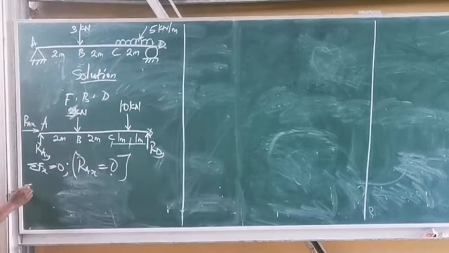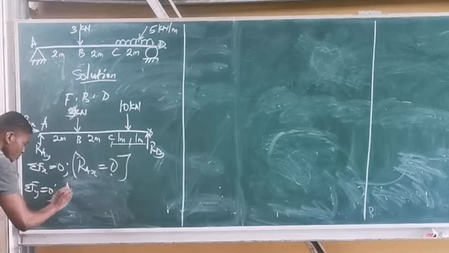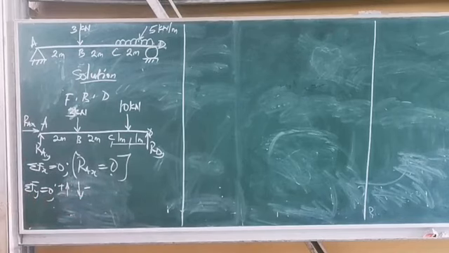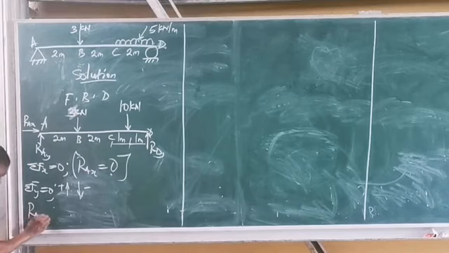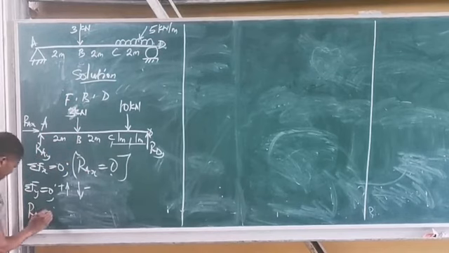Also, summation Fy is equal to 0. We sum all the vertical forces. So we consider upward force to be positive, while downward force to be negative. We have RAY pointing upward, so it's positive. At point B, we have 3 kilonewtons force acting downward, so it's negative, minus 3.